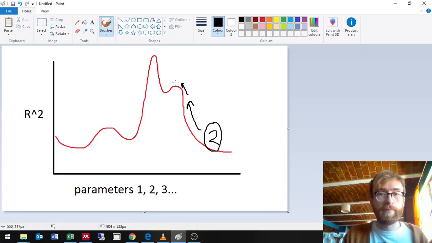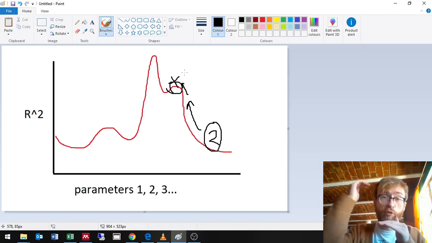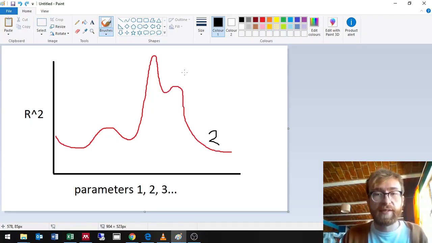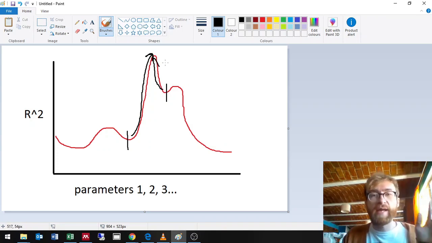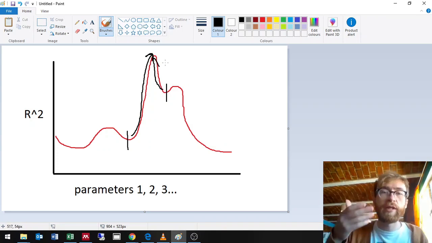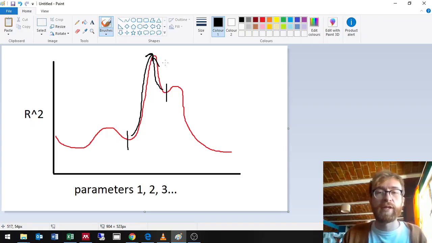It will come up here, and it will get stuck on a solution which is pretty good, but it's not the best. So you have to bear in mind that you're only going to get the best results if you give it initial conditions which are already okay-ish. So you need to take a good guess before you start the Solver.